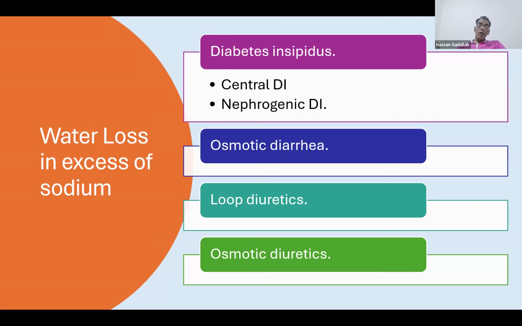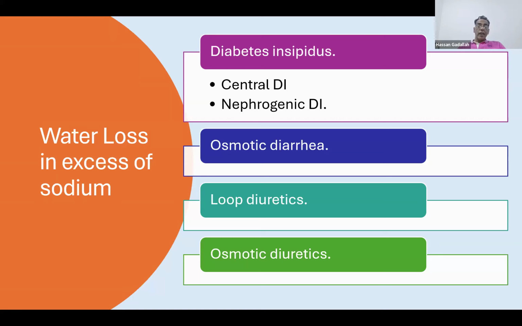Osmotic diuretics, the most famous osmotic diuretic we use is mannitol. And we see a lot of such patients when we have an enthusiastic neurosurgeon or neurologist giving big doses of mannitol in patients with increased intracranial pressure, and we are not giving much attention to the huge amount of water which is excreted when we give osmotic diuretics.